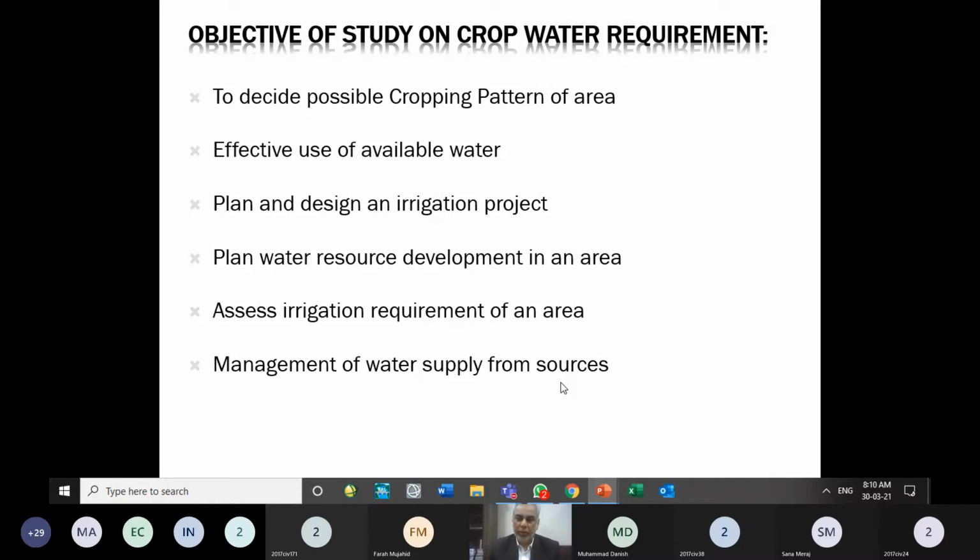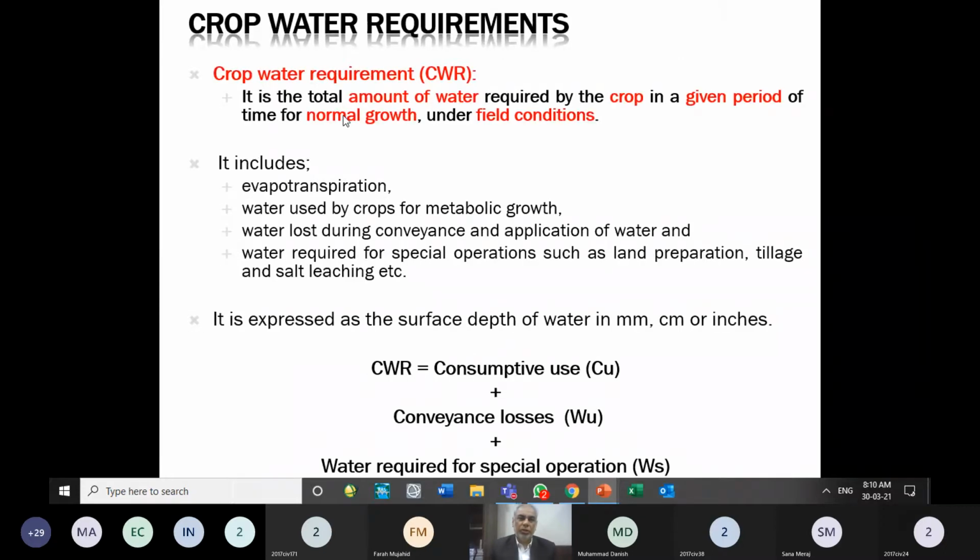So this crop water requirement, the words are easy, the requirement for a crop. If we see its definition before going to its importance, crop water requirement is the amount or quantity of water which is required by the crop in a given period of time for normal growth under field conditions. So it is simply the water which we have to apply to the crop, or which is required by the crop, and it is related to a duration.